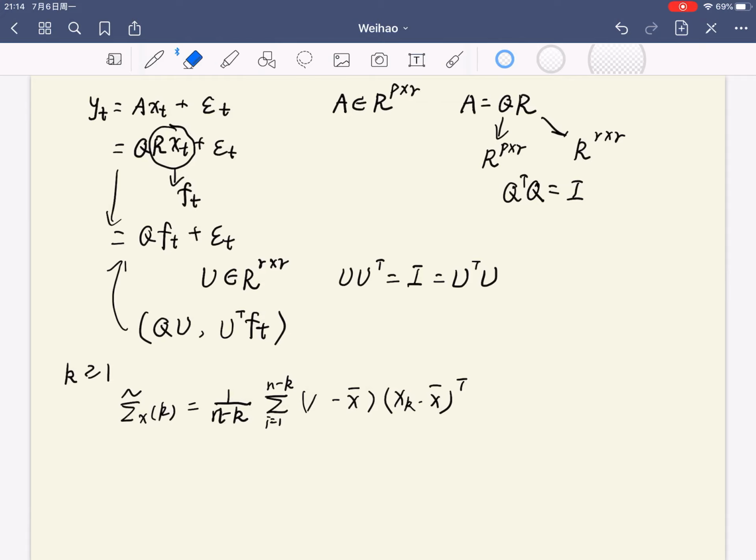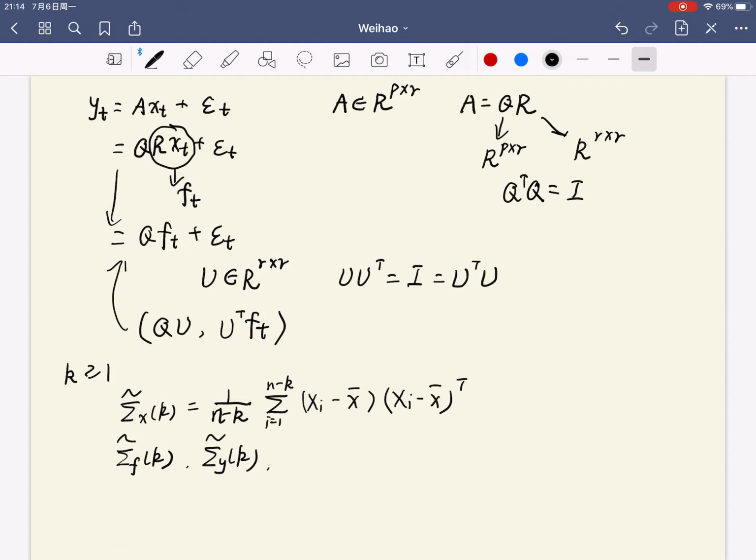We can define the sample version of autocovariance for f_t in a similar way, and also for y in a similar way.